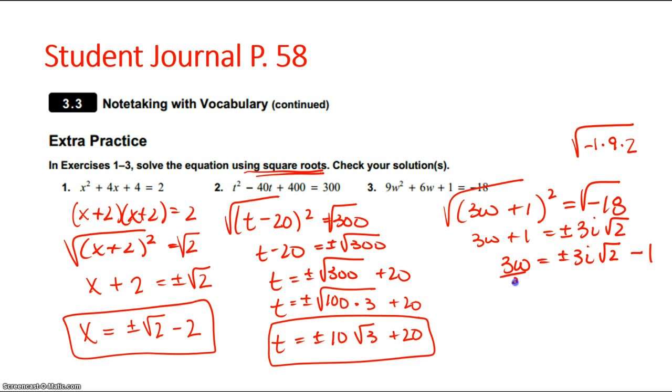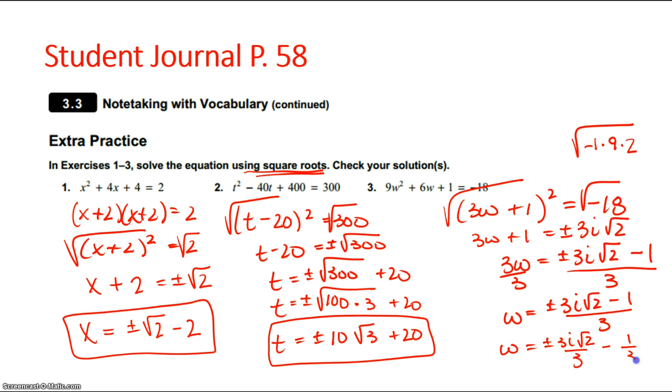So I'm going to divide this whole side by 3. w equals plus or minus 3i root 2 minus 1, over 3, which we could divide both of those by 3. w equals plus or minus 3i root 2 over 3 minus 1/3, and then cancel these 3's. w equals plus or minus i root 2 minus 1/3. Very nice.